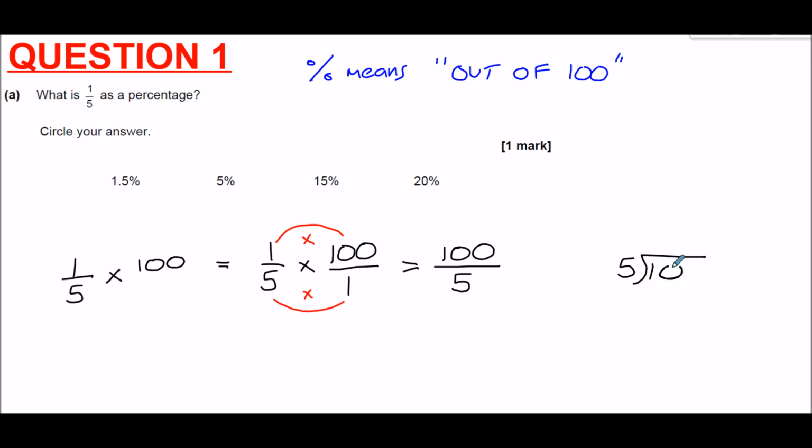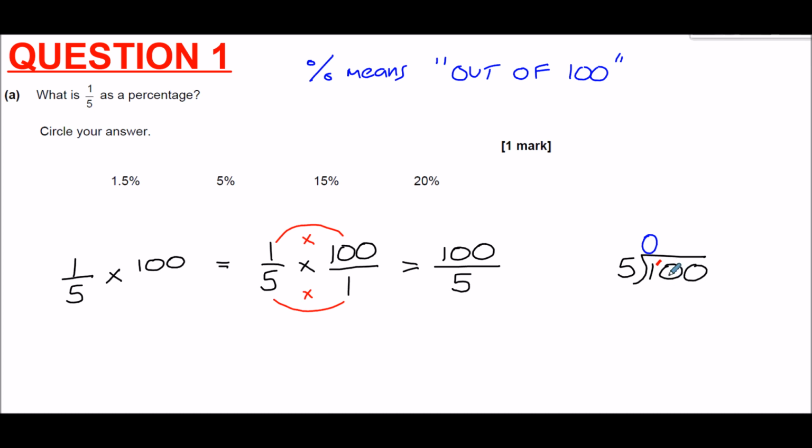So we can do this using the bus stop method, or if you know what it is, you can just write it down. For these 1-mark questions, you don't have to do all this working. I'm just explaining to you why the answer is what it is. 5's into 1. 5's too big to fit into 1, so that doesn't go at all, which means that this 1 is still left over and becomes our remainder.